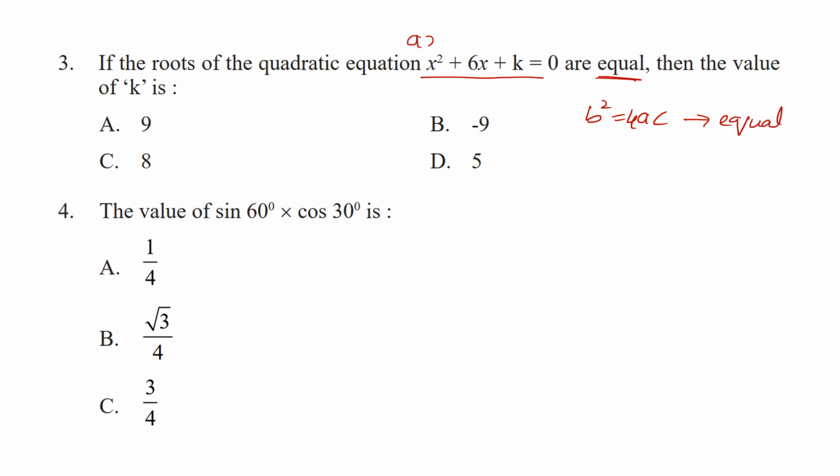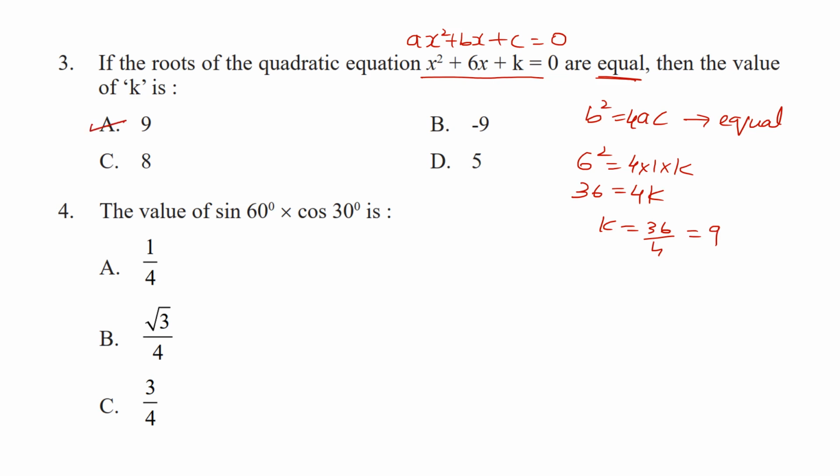The general equation is ax square plus bx plus c is equal to 0. Just substitute the values. 6 square is equal to 4 into 1 into c, the c value is k. So 6 6s are 36 is equal to 4k. Then k is equal to 36 by 4, that is equal to 9. So the answer is A, that is 9.